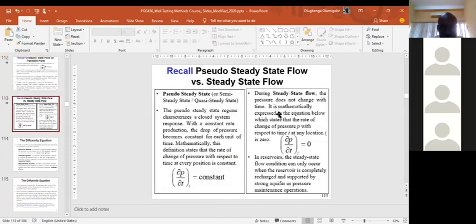For pseudo-steady state, the derivative of pressure with respect to time is constant. This is actually not really a partial derivative; dP/dt is constant. This tells you that on a regular Cartesian plot, if you plot pressure against time, you will have a straight line, and the portion with a straight line is pseudo-steady state.